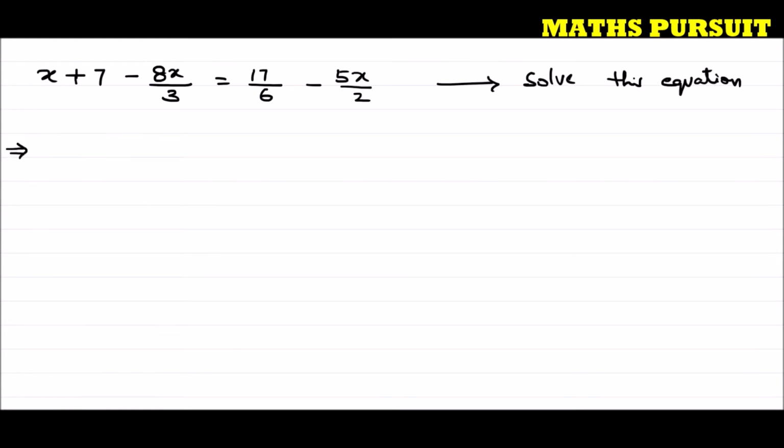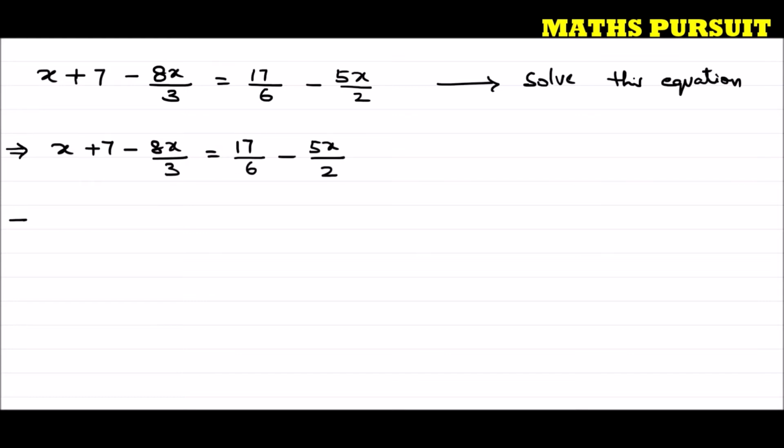The question has given us x plus (7 minus 8x)/3 is equal to 17/6 minus 5x/2.